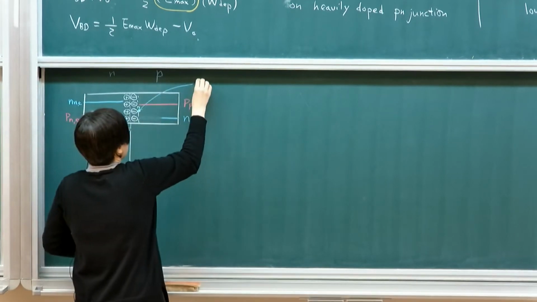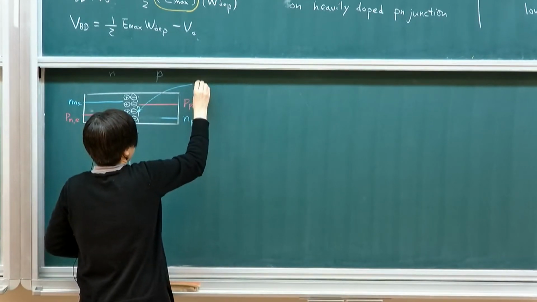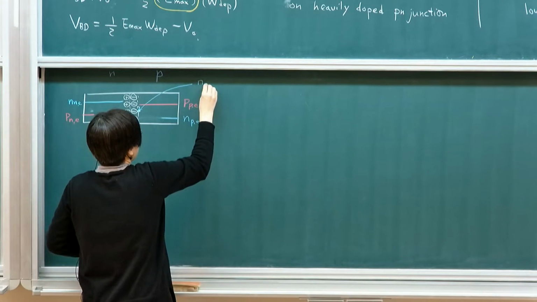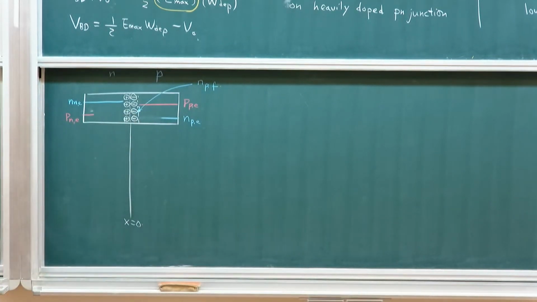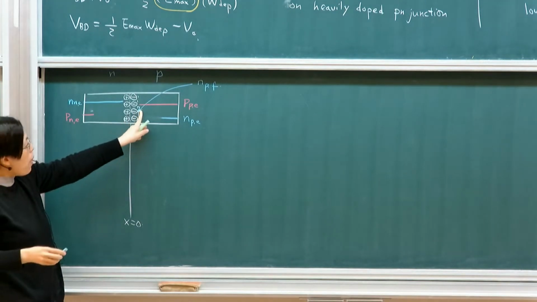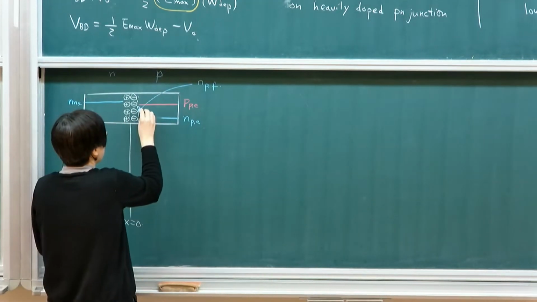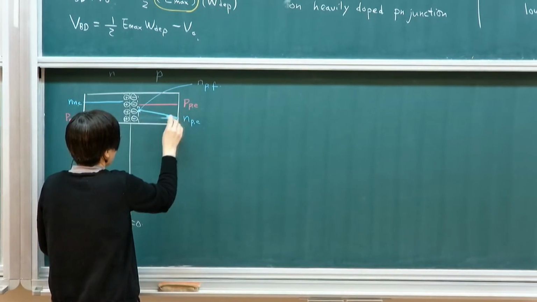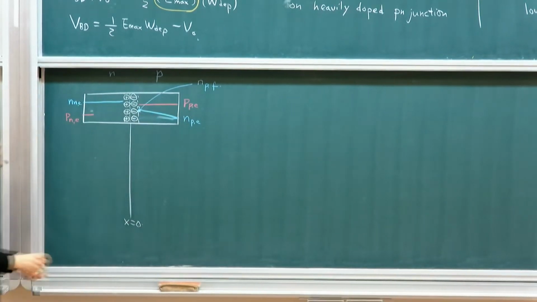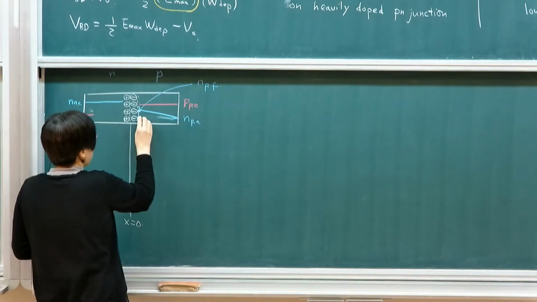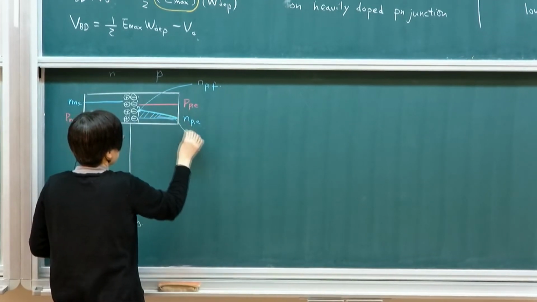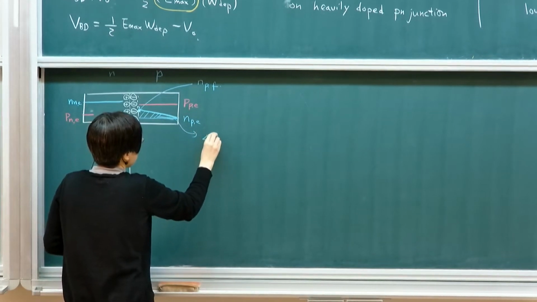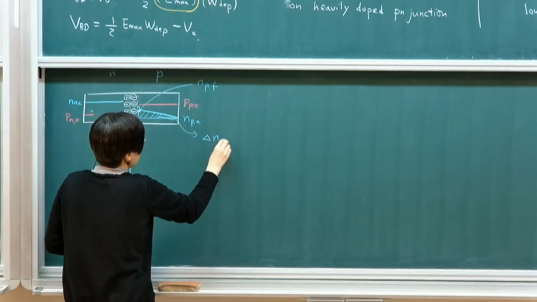So there will be NP during forward bias. During forward bias at this junction, you expect this to rise, and then it will slowly decay. I'm just going to give it a flat line. There will be excess electrons coming through, higher delta NP.